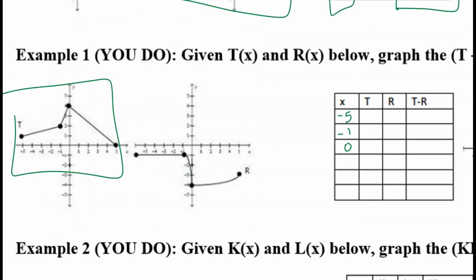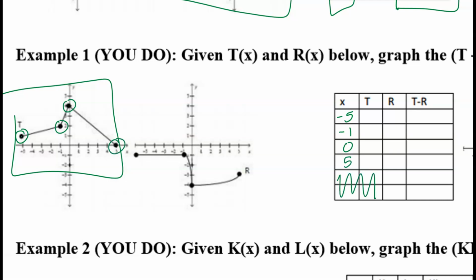Well, what happens is you look at your first graph and you're looking for the perfect points, and all you have to do is write down those x values. So this perfect point here is an x value of negative 5. This point has an x value of negative 1. This point has an x value of 0. And this point has an x value of 5.